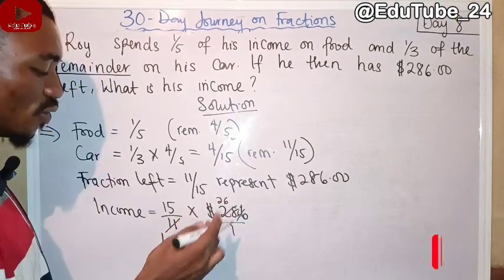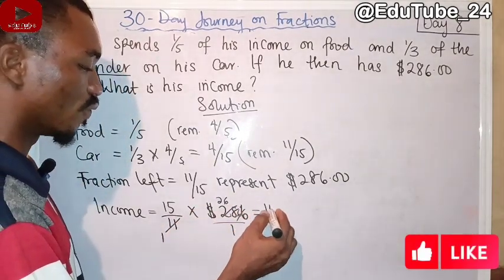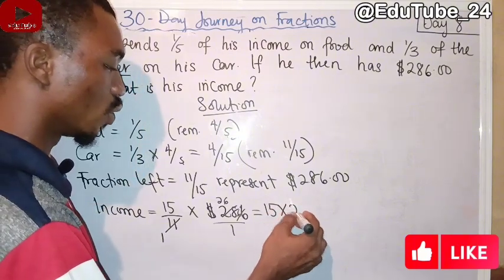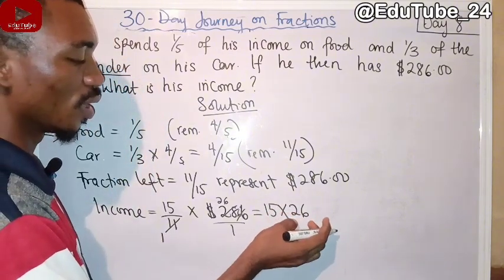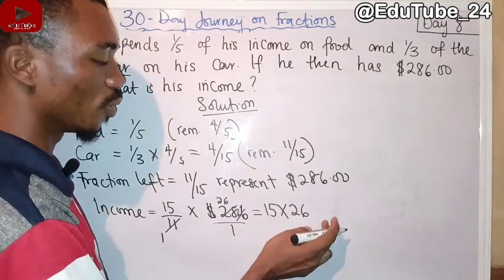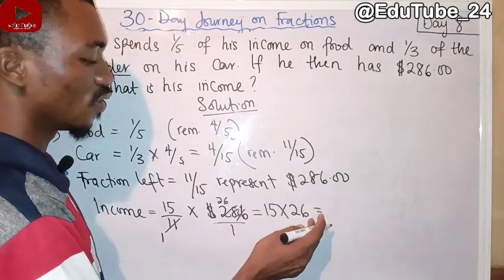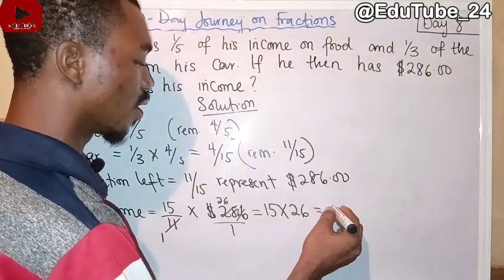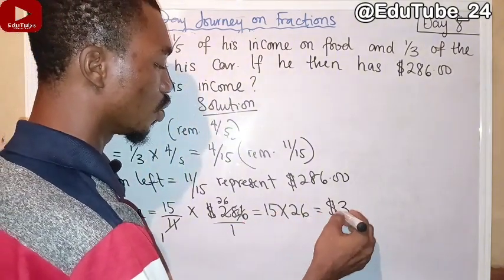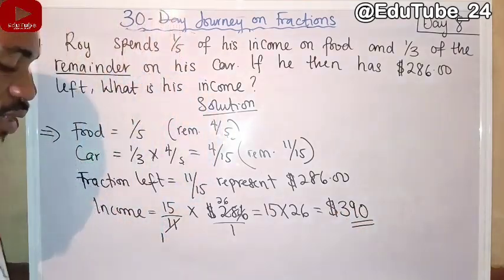So that means we have 26 here. So what we have left in the numerator is 15 times 26. If we expand 26, we have 20 plus 6. So 15 times 20 will give us 300, and 15 times 6 will give us 90. So his entire income is $390. And that is that about question 1.